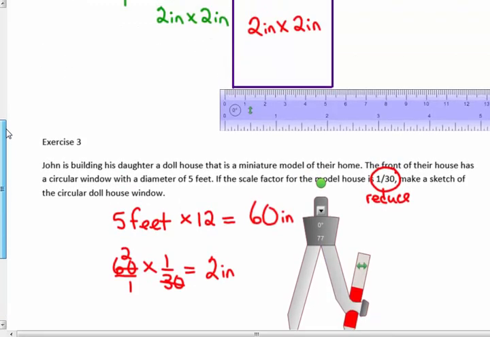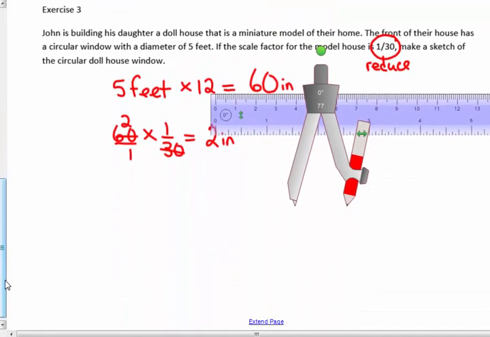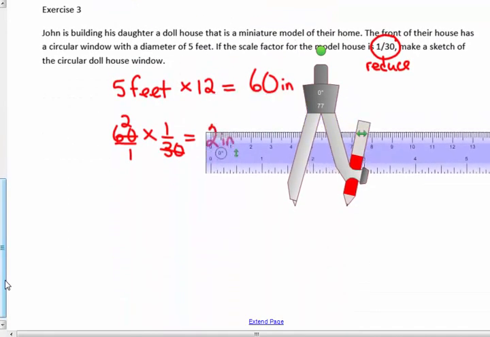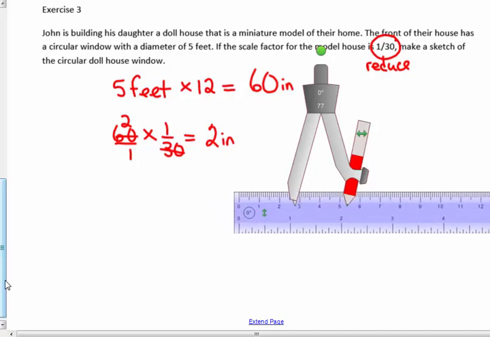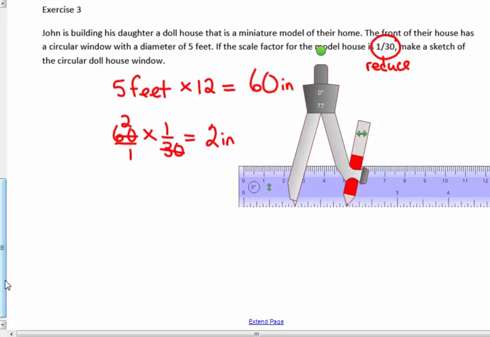Where's my ruler to make sure my compass is opened to 2 inches? Oh, 2 inches around. So my diameter is 2 inches, which makes my radius only 1 inch.